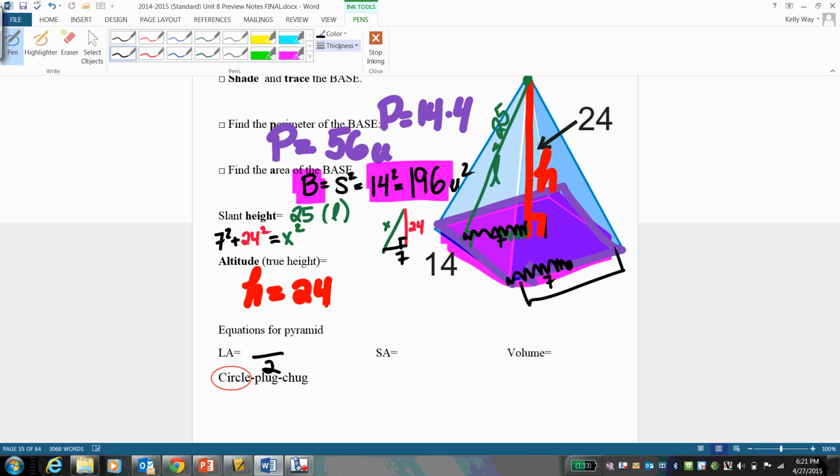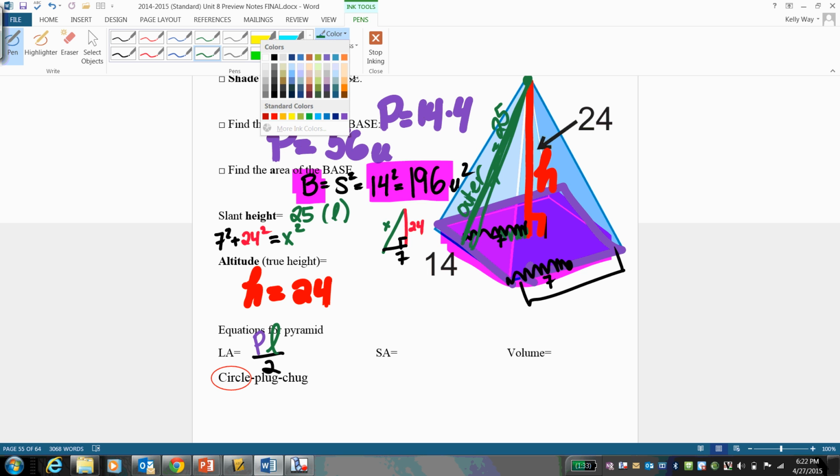It's still going to be perimeter, but area is an outer wrapping paper concept, so we use the outer height. So for area, it's PL over 2. That's your lateral area. So now we circle, plug, chug.